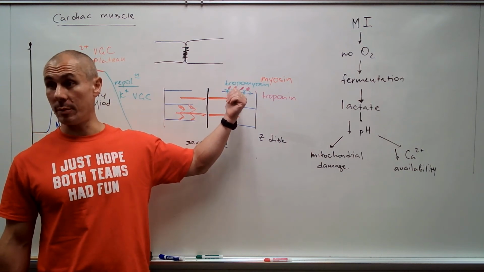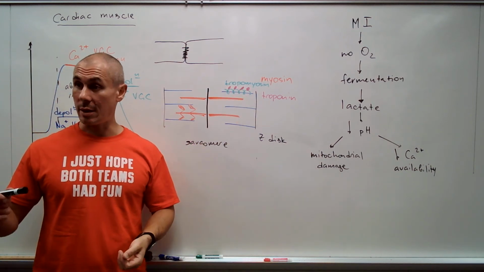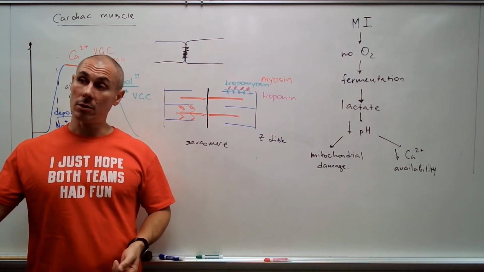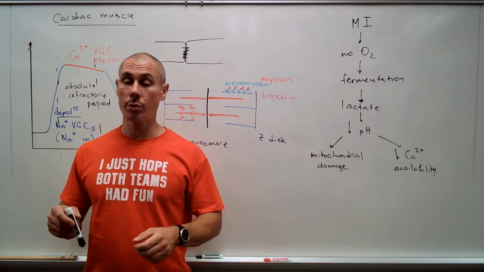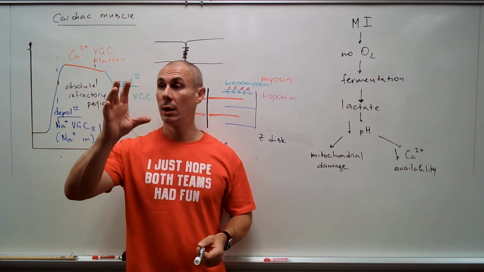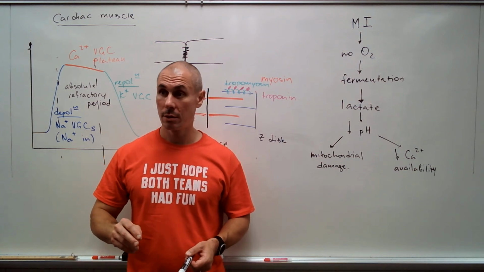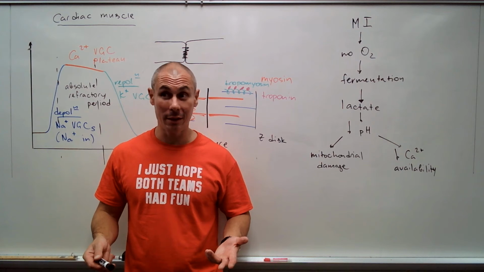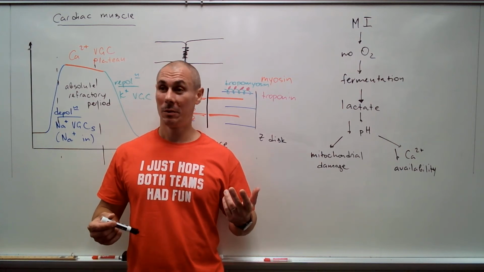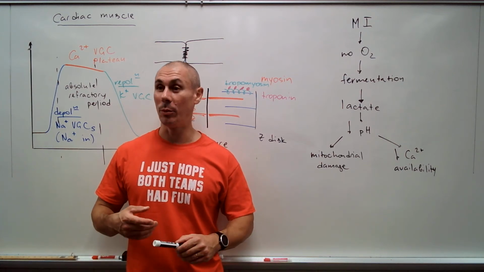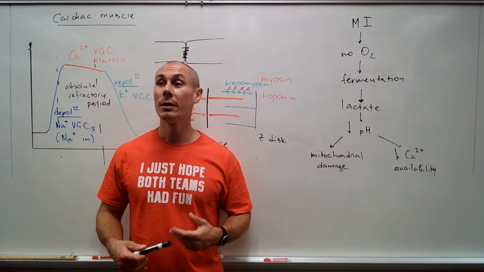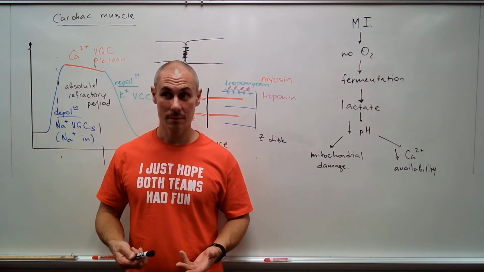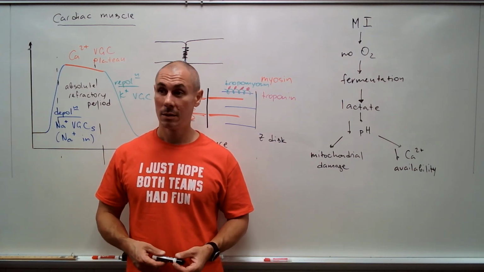If there's no calcium, nothing binds to troponin. Does that make sense? And on top of that, calcium is crucial for the proper rhythm of contraction. If calcium is not available readily, people with MI will develop arrhythmias. Does that make sense? We clear?